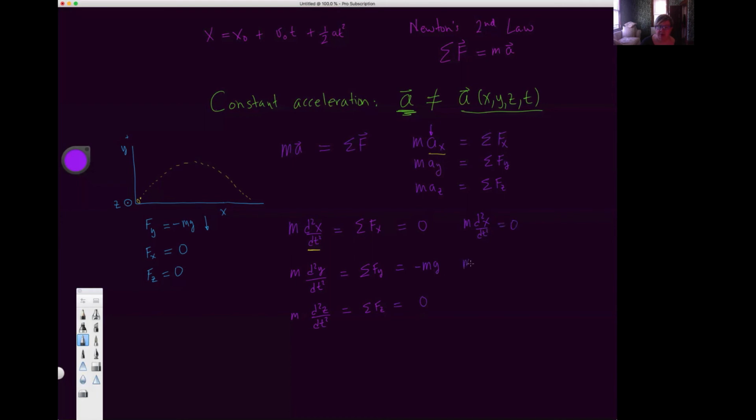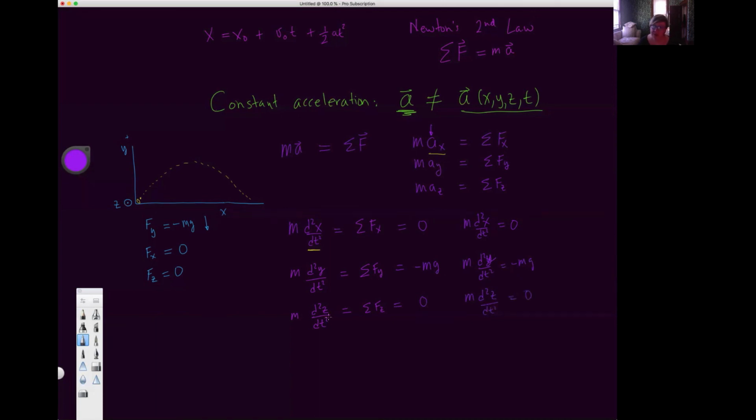And m d squared y dt squared equals minus mg. And last but not least, m d squared z dt squared equals 0.